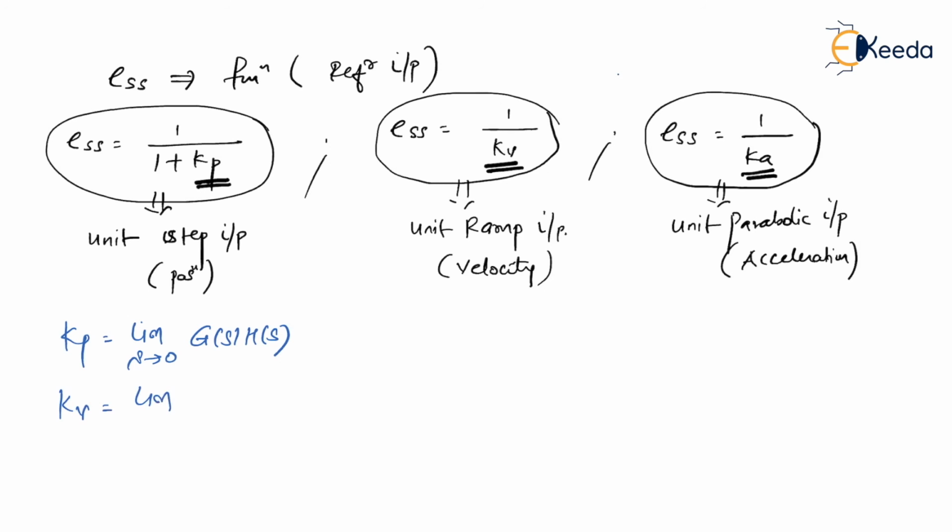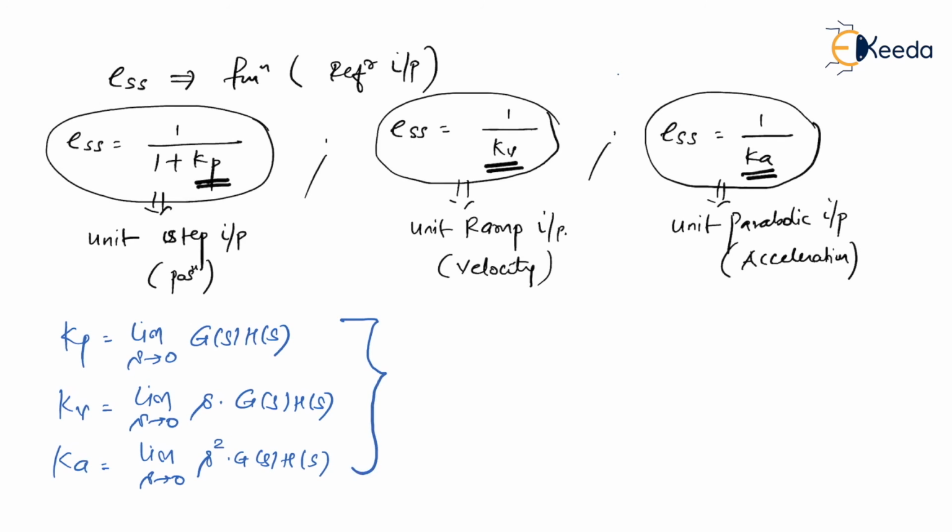Kv is limit s tending to 0, s times g of s into h of s. And finally, Ka formula, I can say limit s tending to 0, s square times g of s into h of s. Let me be very clear, all three formulas are applicable only if h of s equal to 1, that is for a unity feedback system.